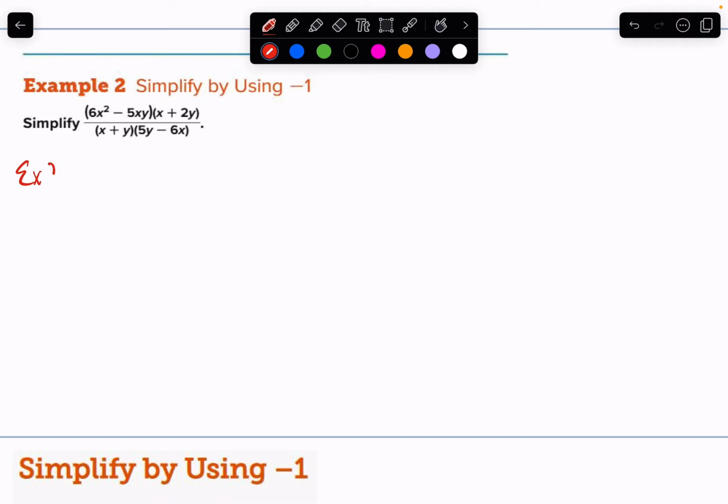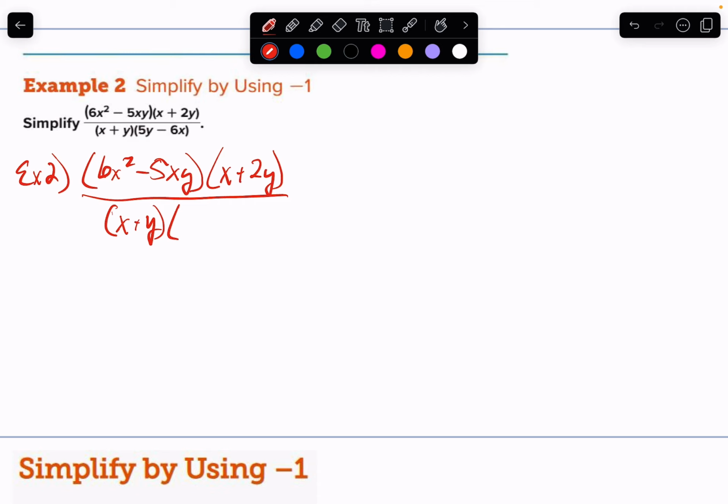We've got example 2, and we've got 6x squared minus 5xy, over x plus 2y, times x plus y over 5y minus 6x. Well, let's look at the ones we can factor. I notice that both of these have an x, so I can pull an x out. That leaves me with 6x minus 5y.